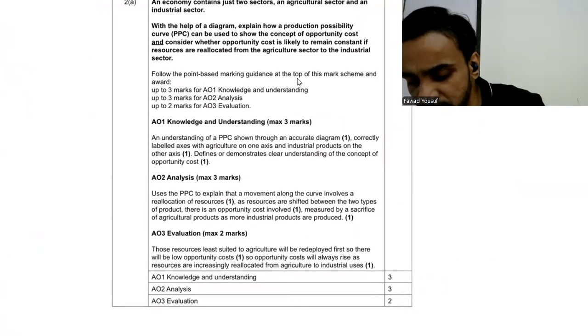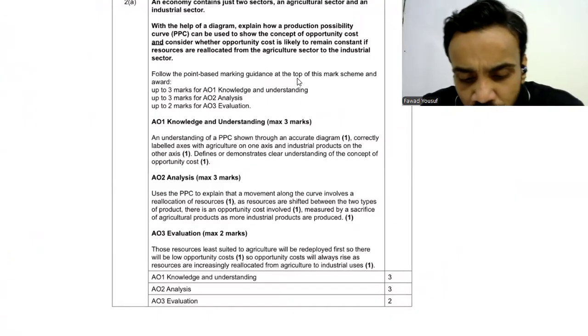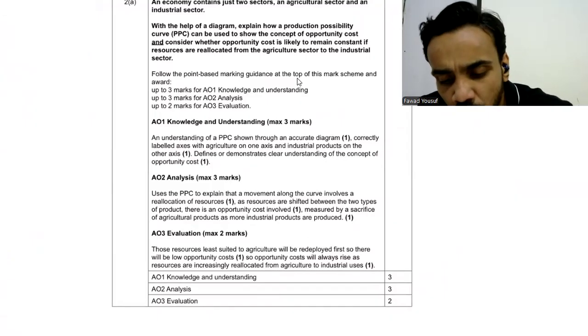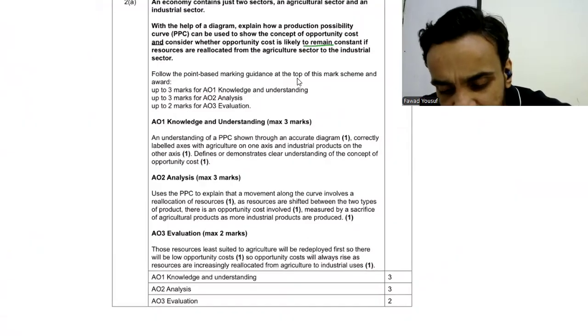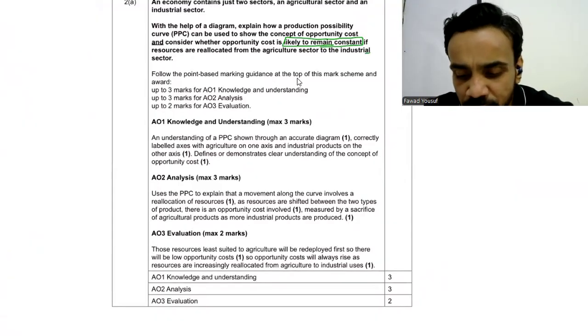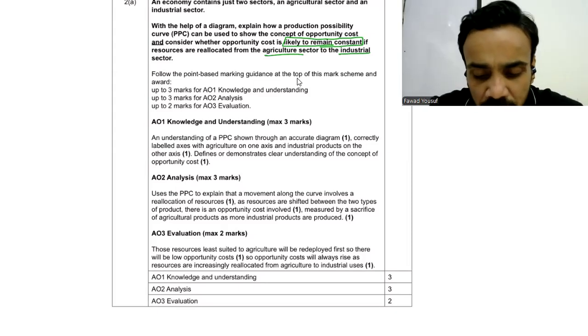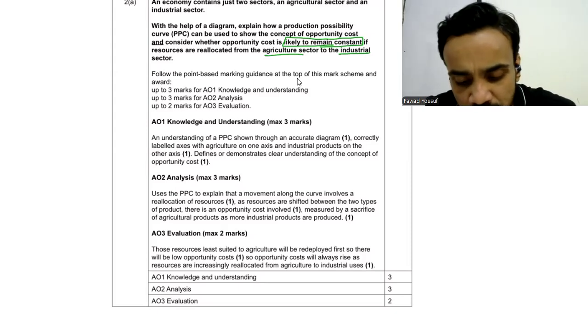The few things like definitions and so on. So for this question, consider whether opportunity cost is likely to remain constant. So we explained what constant would have meant and whether, between industrial and agriculture, it will remain the same or not. We proved otherwise.